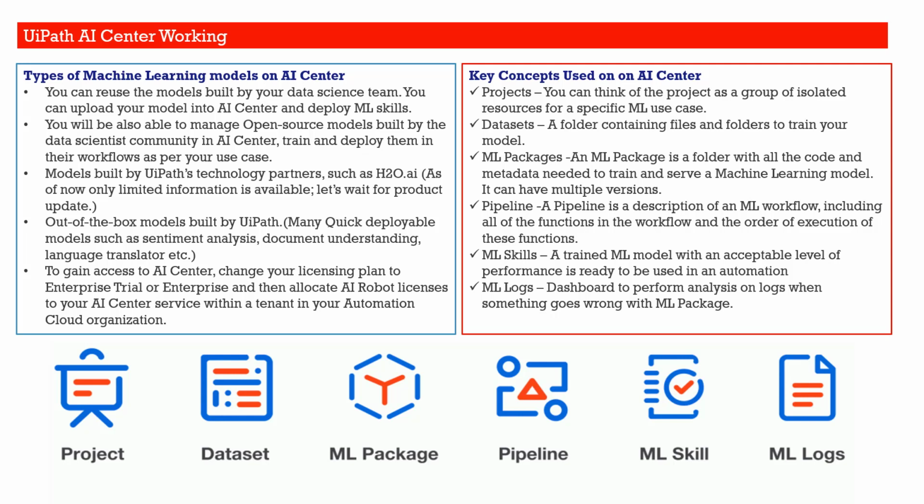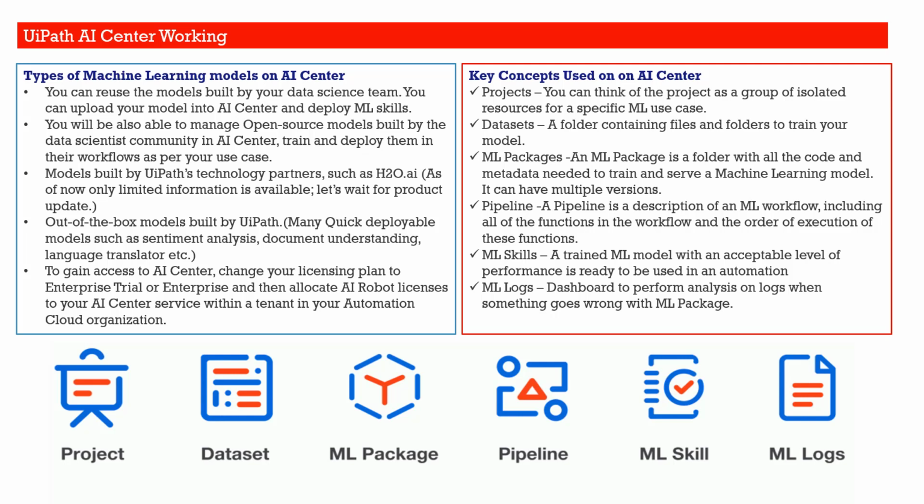For a simple ML use case, it's a folder which contains every other thing inside. So a project is a resource bundle which contains dataset, ML package, pipeline, ML skill and ML logs, so that you are able to isolate one model from another model, right?